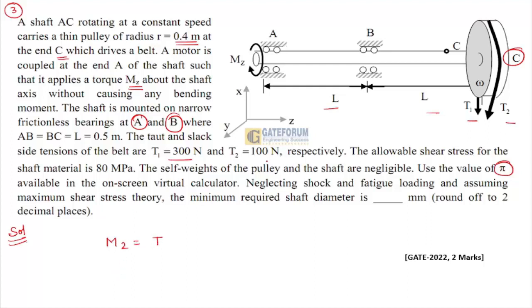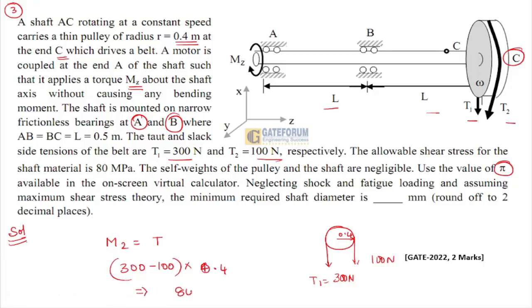He has given T1 300 and T2 100, so 300 minus 100, into a distance of 0.4, which is the radius. You are going to get 80 Newton meter, Mz.